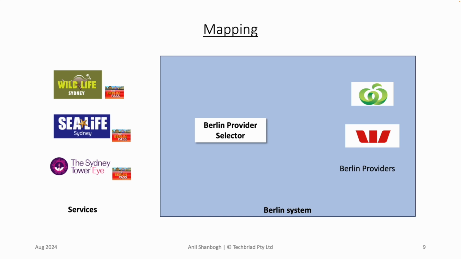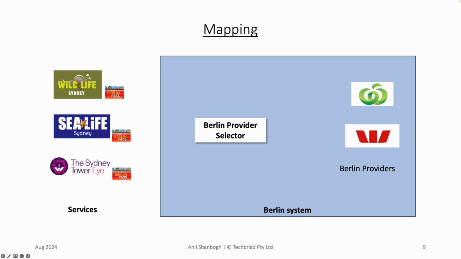So let's talk about how this whole scenario maps to the Australian Government Digital ID system. Assume that these attractions we discussed are the actual services. Just to recap what happened: I was interested in visiting these 100 different attractions. Instead of registering at each of these places and providing my personal information, I go to a provider that I trust, say for example Westpac, and I give them some identity documents, get issued a Berlin Pass, and then use that Berlin Pass at these different attractions.